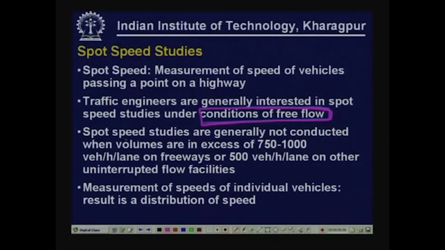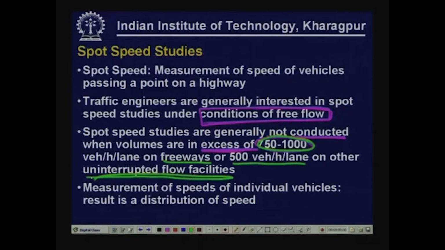Remember that spot speed studies are generally not conducted when volumes are in excess of 750 to 1000 vehicles per hour for freeways and 500 vehicles per hour per lane on other uninterrupted flow facilities.